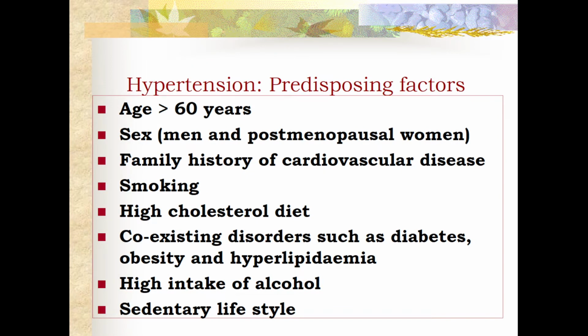Predisposing factors of arterial hypertension. Risk factors. At first, age, more than 60 years. Sex, genetic: men and postmenopausal women. Family history of cardiovascular disease, genetic predisposition.